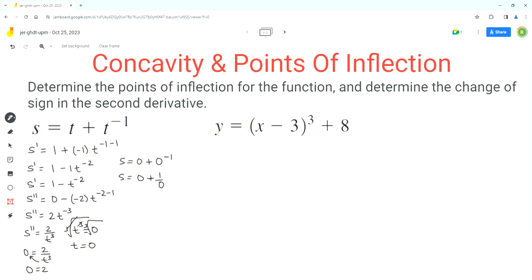Now we know 1 over 0 is undefined because a number cannot be divided by 0. So that means this expression has no real solution or value.